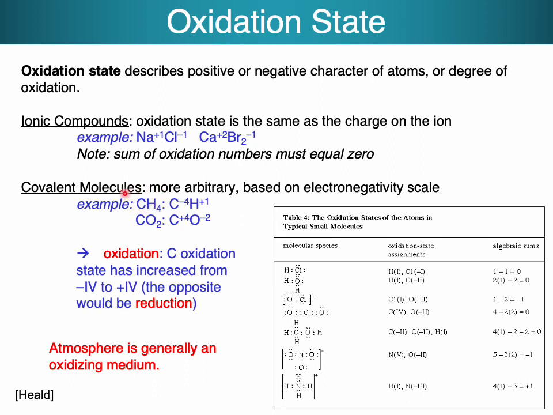Within this overall neutral molecule, the overall oxidation number has to be 0, so carbon has to have an oxidation number of -4 to balance the +4 from the 4 hydrogen atoms. So in this molecule, carbon has an oxidation number of -4, meaning that it is pretty reduced.